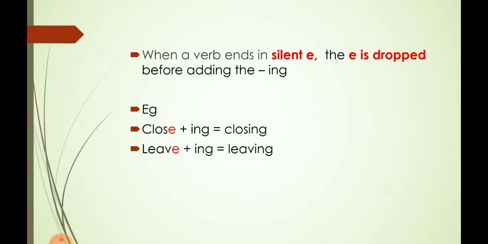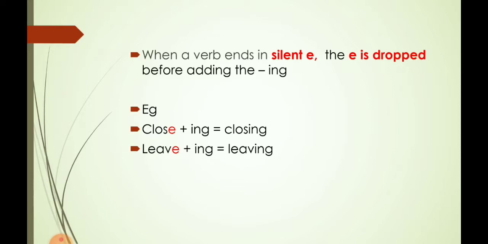Both these words end with the letter e, that is not pronounced, that is silent. To make it as an ing verb, we will drop the letter e and we will add ing to the verb. Thus, close plus ing becomes closing.